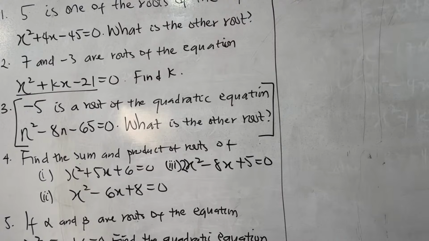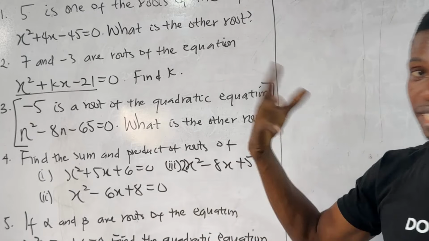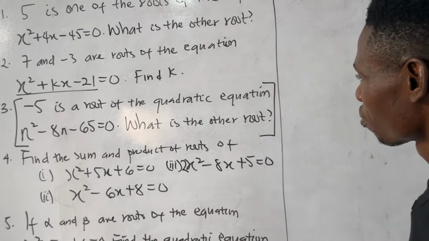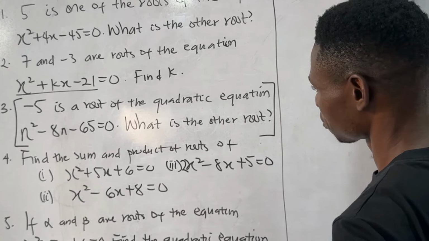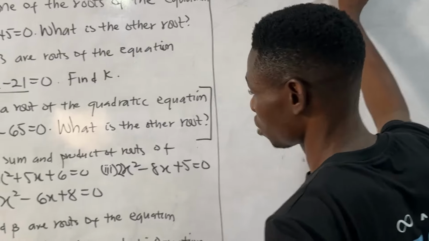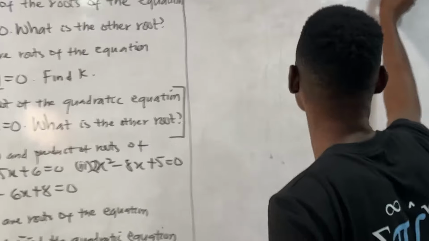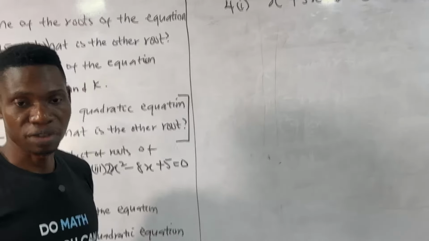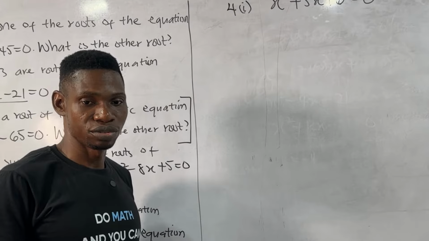Okay, for the sake of those that did not come from the beginning of the class, I will quickly do number 1, and then you can use the idea to do numbers 2 and 3. So for number 1, as number 4i, we have x squared plus 5x plus 6 equal to 0. Now we need to find the sum of roots.